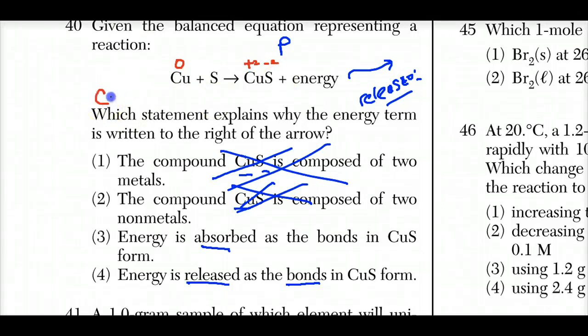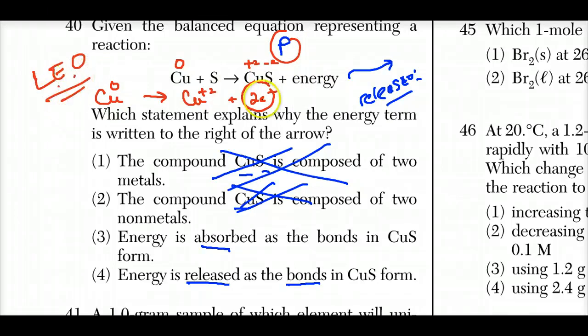So that'd be a copper 0 becoming copper +2 and 2 electrons, so that both sides of the half reaction are neutral. We put the electrons on the product side because they're being released or they're being lost. And that's why we say losing electrons is oxidation. You're losing electrons. So for the same reasoning, in any case, energy is being released. Number 40 is choice 4.